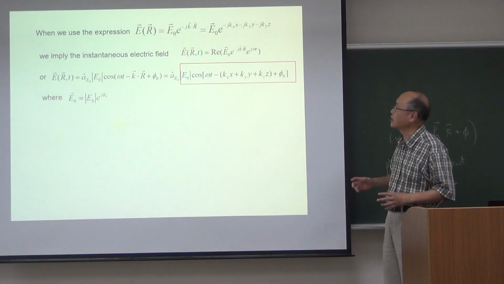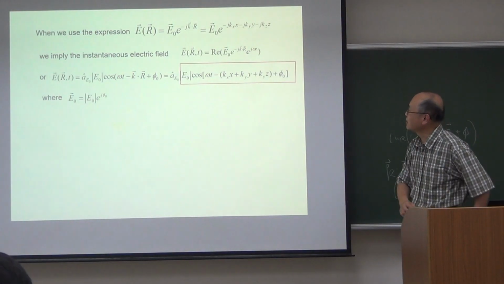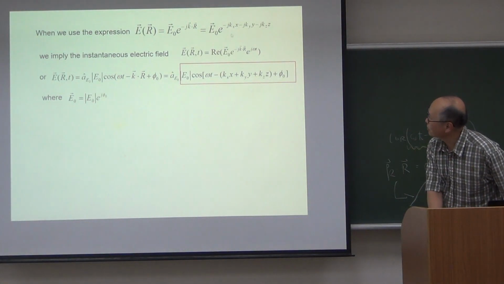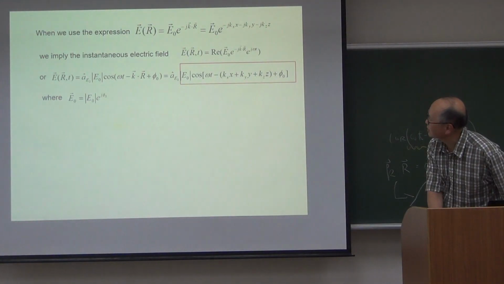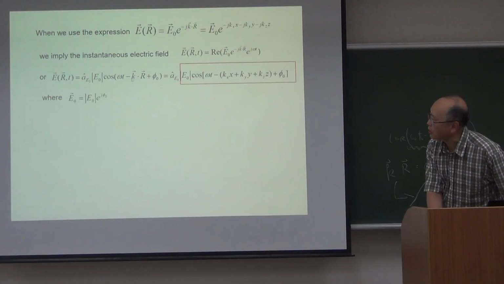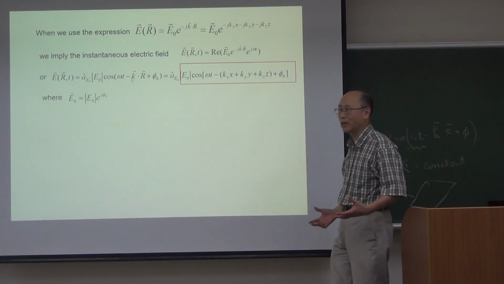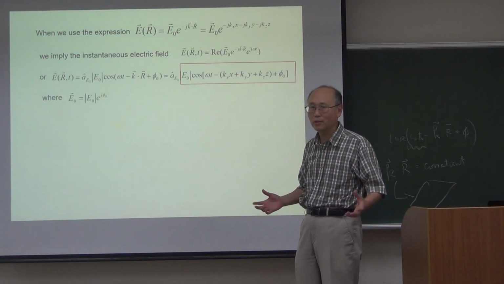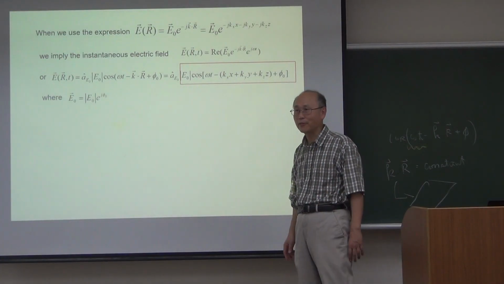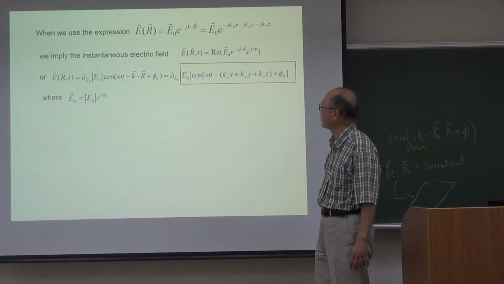Then how do you go back to reality? Well, it's simple. You just multiply the phasor expression, the solution of the Helmholtz equation, with exponential j omega t, and take the real part of it. And then you come back to reality. Okay, you go back home to experience your life, to restore your life.